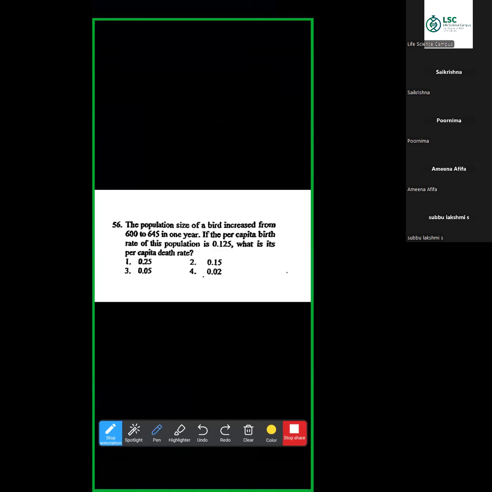So the population size of a bird increased from 600 to 645 in 1 year. So the initial population size was 600 and in the next generation it increased to 645. If the per capita birth rate of this population is 0.125, that is, the R value is given in the question.